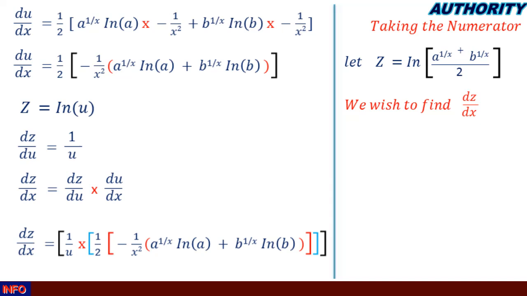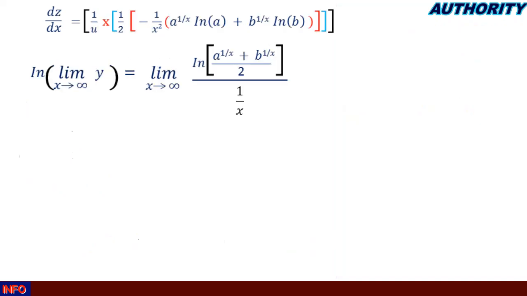So it's going to give us 1 all over 2 open bracket minus 1 all over x squared open bracket a raised to the power of 1 all over x ln a plus b raised to the power of 1 all over x ln b. Now in this case, we see that dz/dx is actually the derivative of our numerator. This is just the numerator.